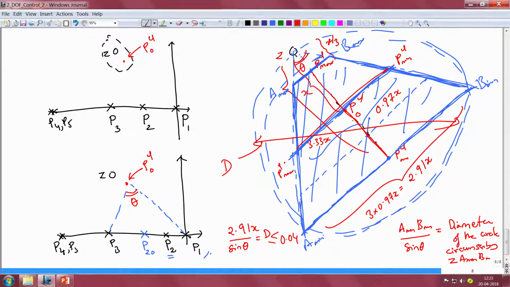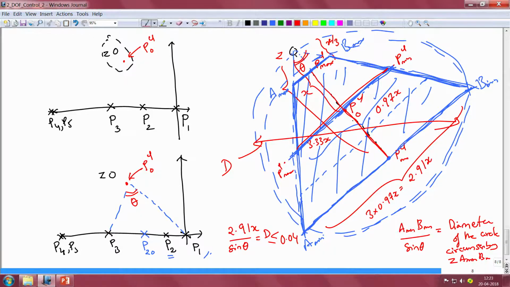With that, the first step of our 2 degree of freedom control design gets done. The next step is to determine the orientation of the zero with respect to the point PCL naught, and to do this we just apply the angle criterion at the point PCL naught, namely the angles obtained by the different open loop poles and zeros of the plant and the controller should add up to minus 180 degrees.